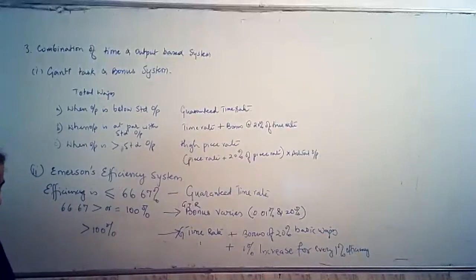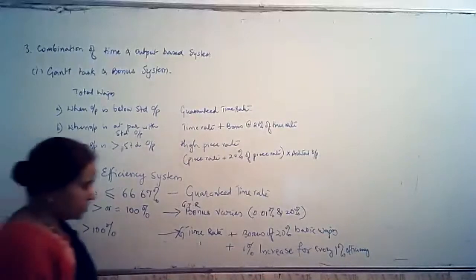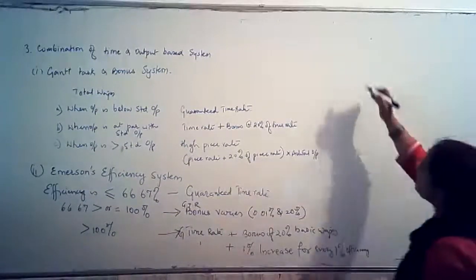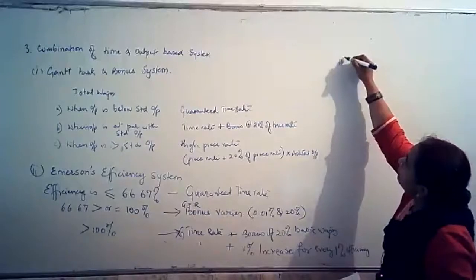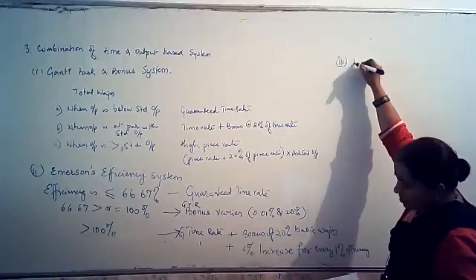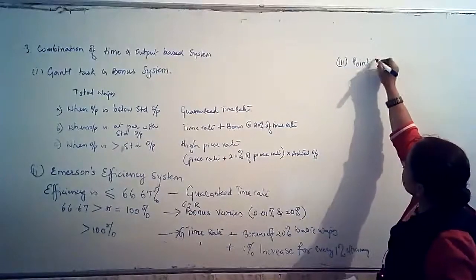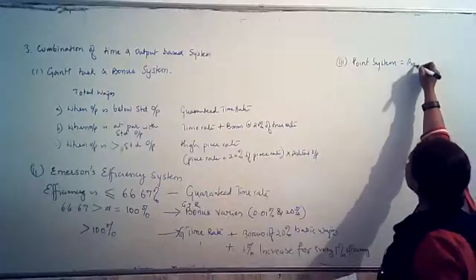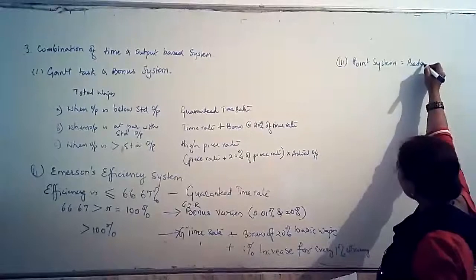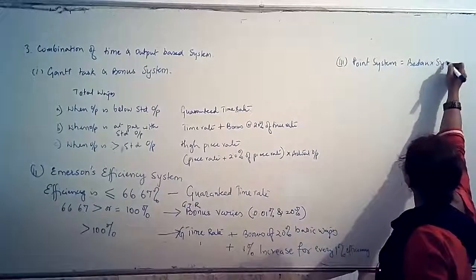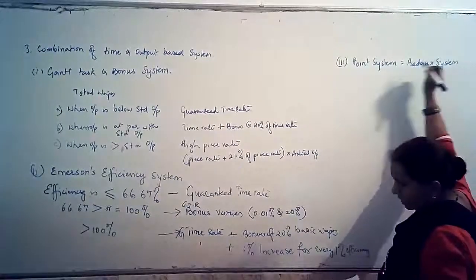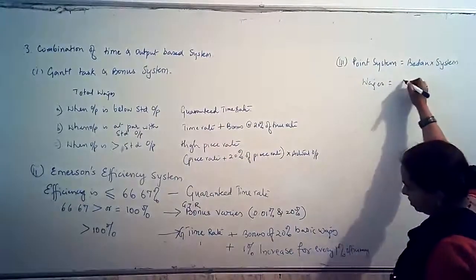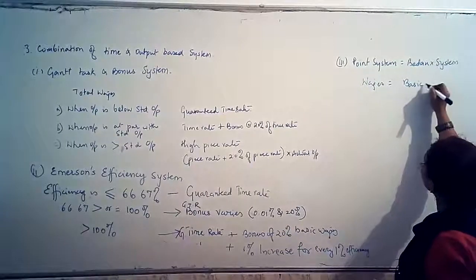Let's look into the third one, the Bedaux system, the point system. I will write down the third one as well so that we can solve problems of the Bedaux system also. It is also known as the Bedaux system. In this, how do you work out the wages? Wages is equal to basic plus bonus.